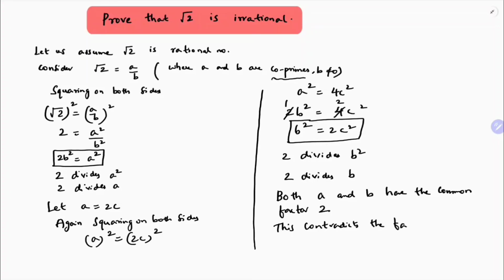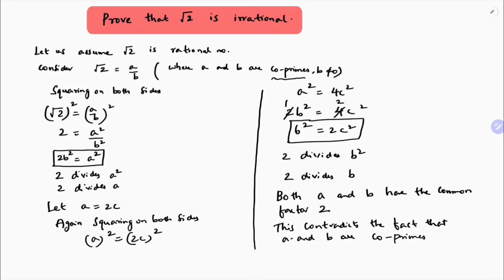This contradicts the fact that a and b are co-primes, because we considered co-primes but got a common factor 2.